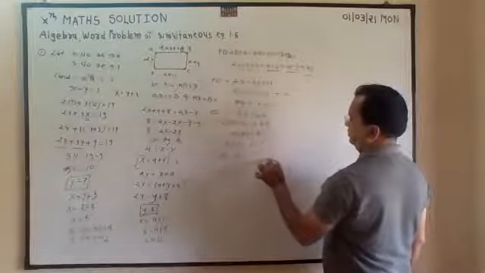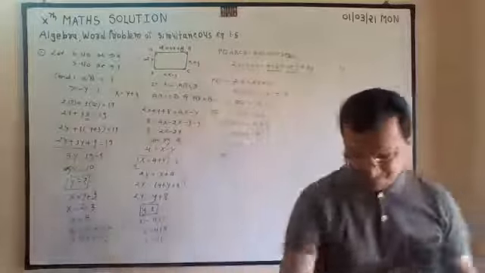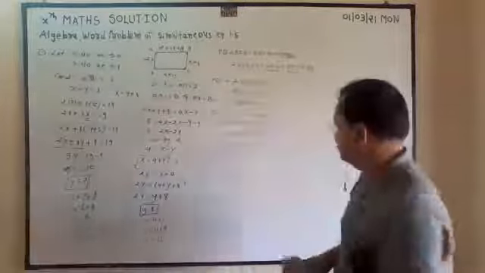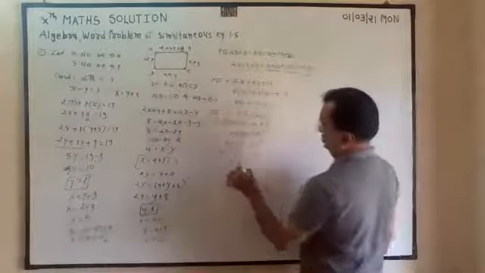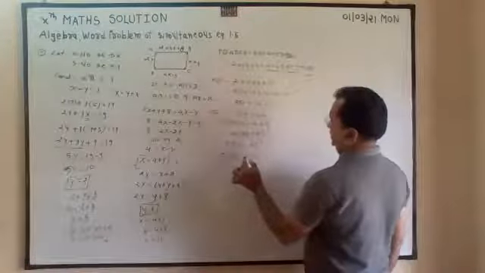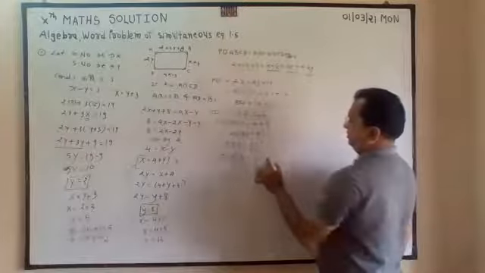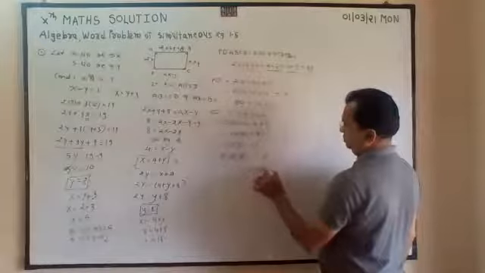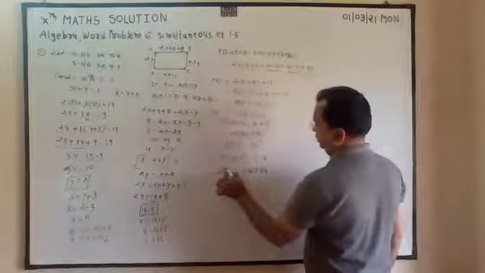Now x is 12, y is 8. 8 times 2 into 64, 64 into 12.